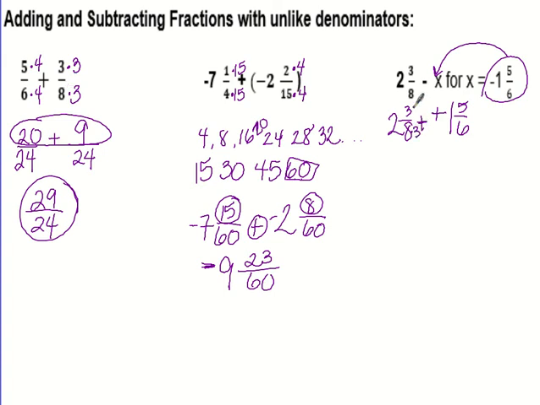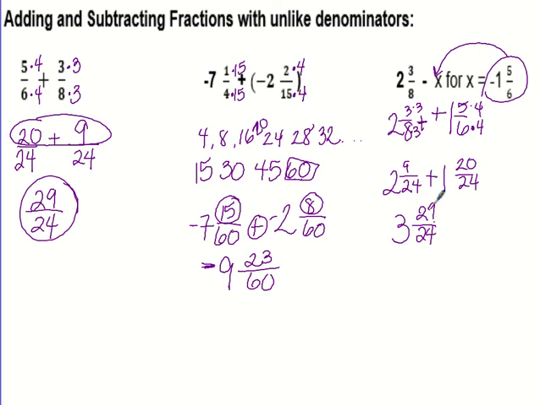So this one should have been multiplied by 3. We get 2 and 9 24ths plus, this is times by 4, and we get 1 over 20 24ths. And look, they were actually the same too as well. Look, 9 24ths, 20 24ths. Anyway, so you get 3 and 29 24ths. But you can't have an improper with a mixed. So you have to fix this because we cannot have an improper in a mixed.